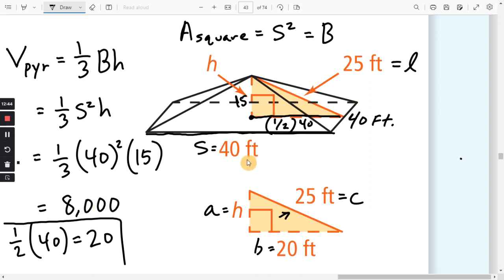The units were in feet, so we did feet squared times feet. That's going to be feet cubed. Final answer.